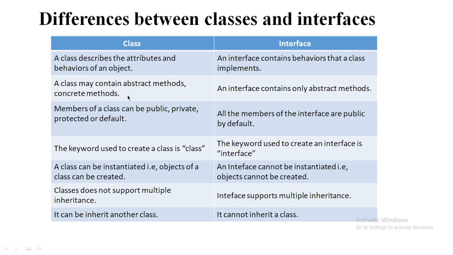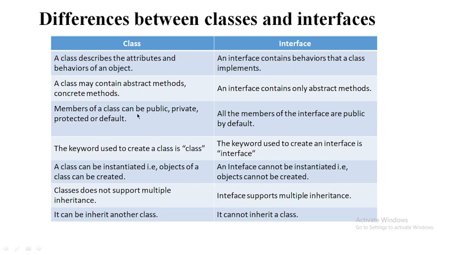A class describes the attributes and the behavior of an object, but an interface contains the behaviors that a class implements. It defines the behavior of a class. A class may contain abstract methods or concrete methods, but an interface can contain only abstract methods.